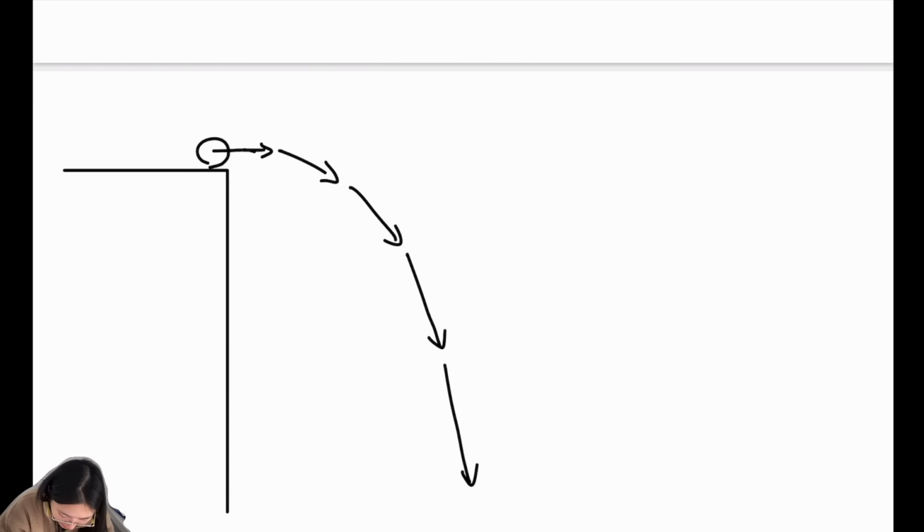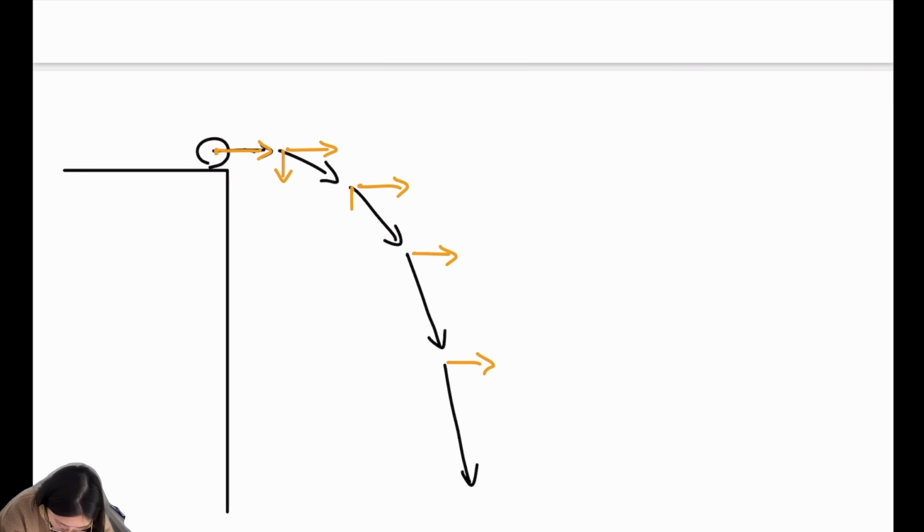Again, Vx is not changing during the whole process because there is no acceleration along the horizontal axis, but Vy is always changing. At the very beginning, Vy is equal to 0 because the velocity is just in the horizontal direction. Next moment, Vy is pointing downward, but the magnitude is small.